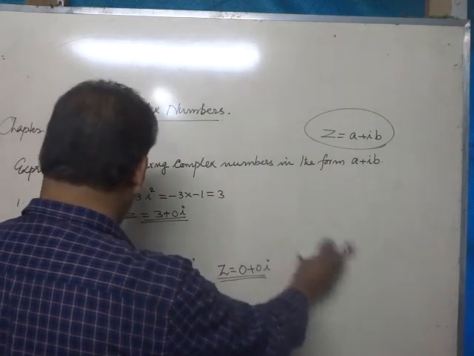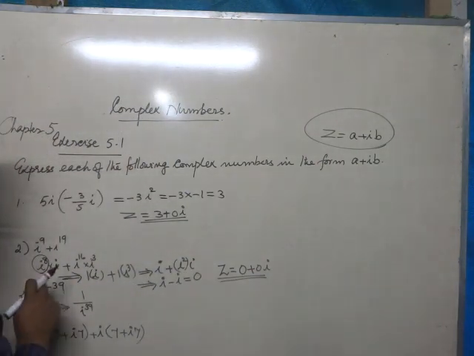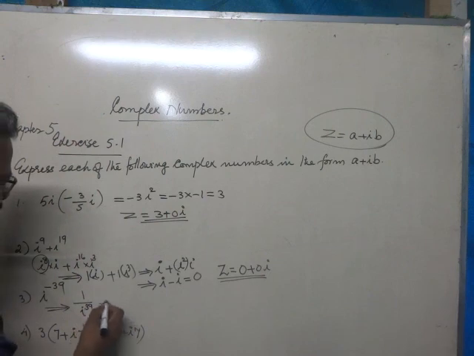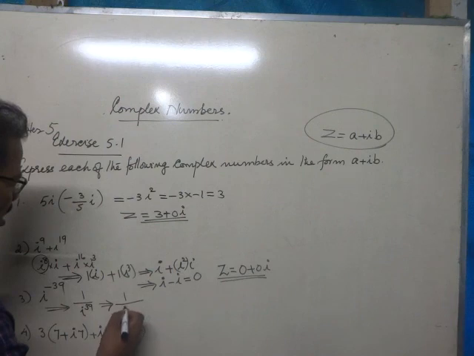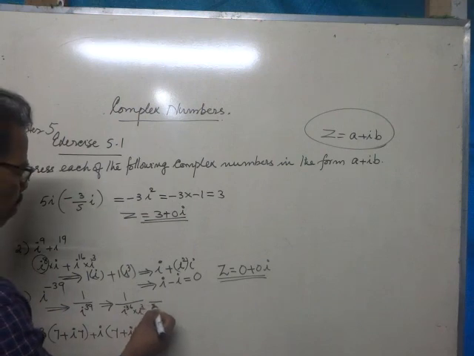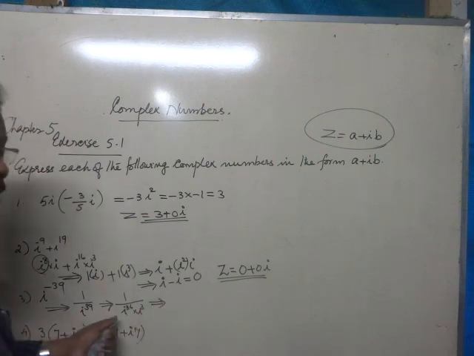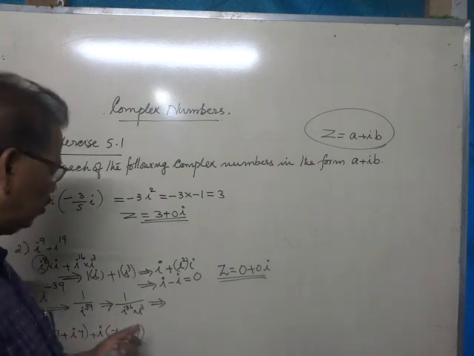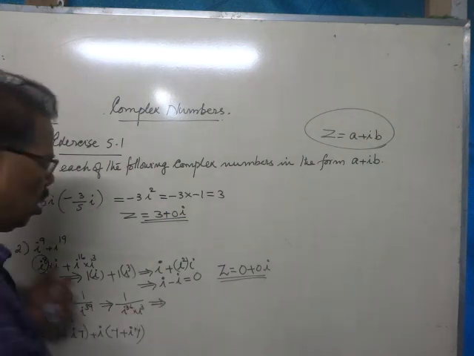Therefore, i raised to minus 39 is equal to 1 by i raised to 39, which is the same as 1 by i raised to 36 into i cube. i raised to 36, 36 is a multiple of 4. i raised to 4 is 1. Therefore, this part is 1.